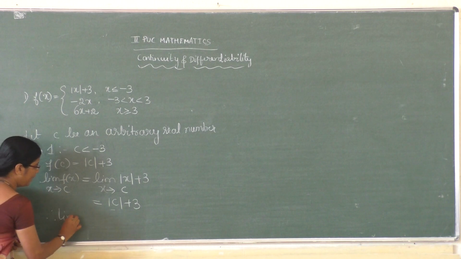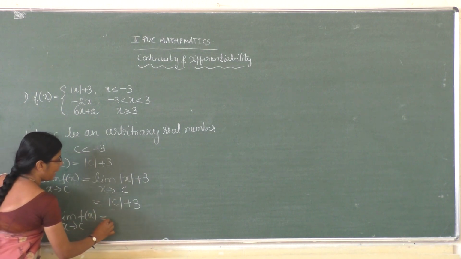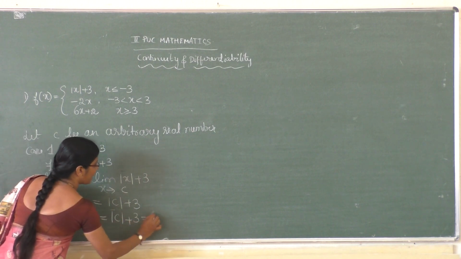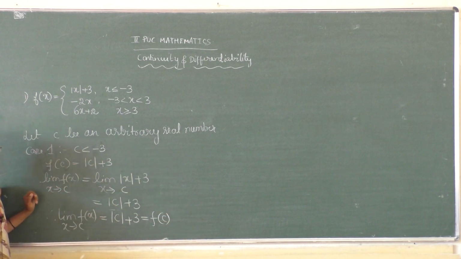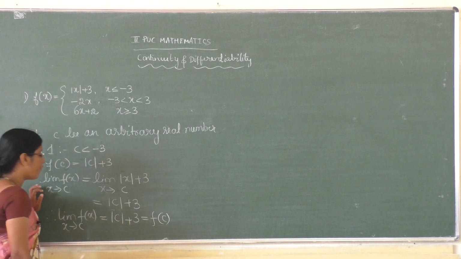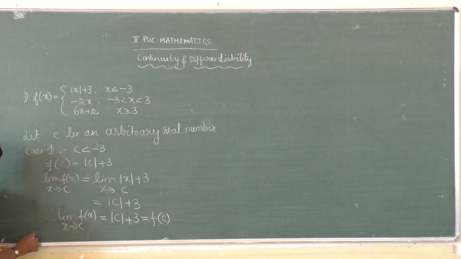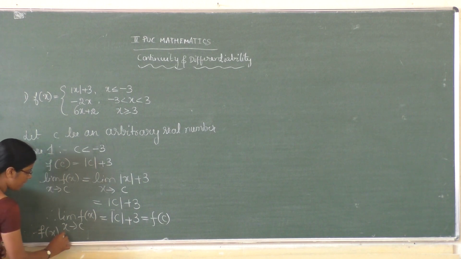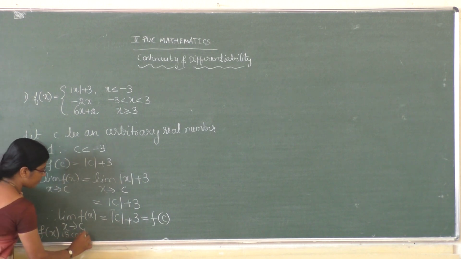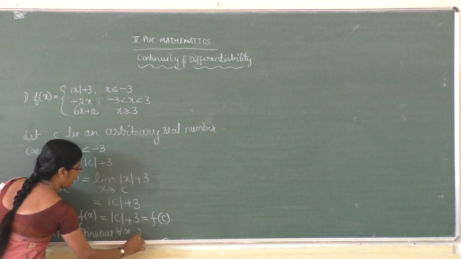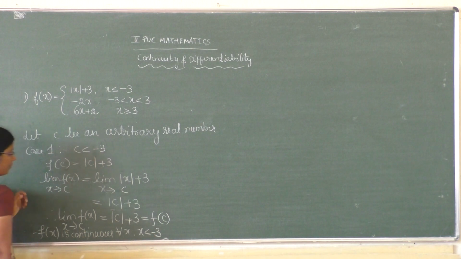Therefore, limit of f of x as x tends to c equals modulus of c plus 3, that is equal to f of c. So what can we conclude? f of x is continuous for all x, x less than minus 3.